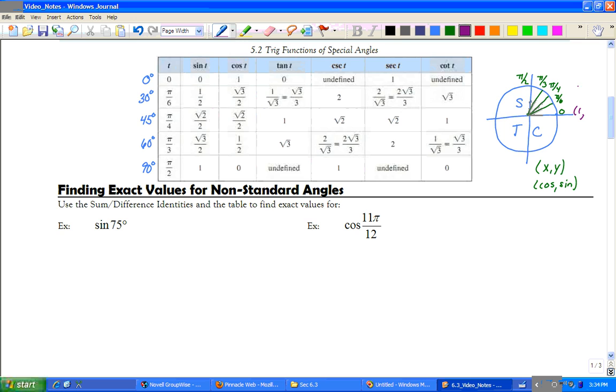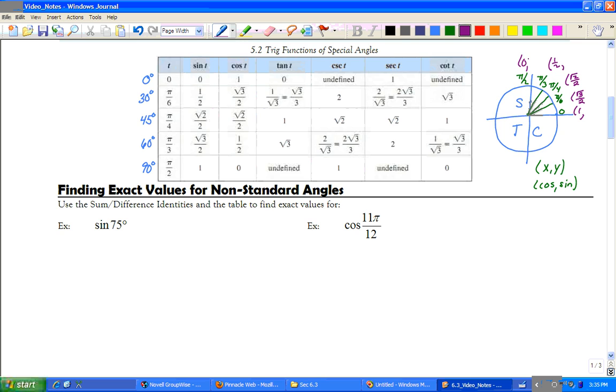Okay, let's do our cosines first. Cosine starts at 1, and then it's the square root of 3 over 2, square root of 2 over 2, 1/2, 0. And if you notice the pattern in the numerators, it's square root of 3, square root of 2, the square root of 1, which is 1, and then the square root of 0, which is 0.